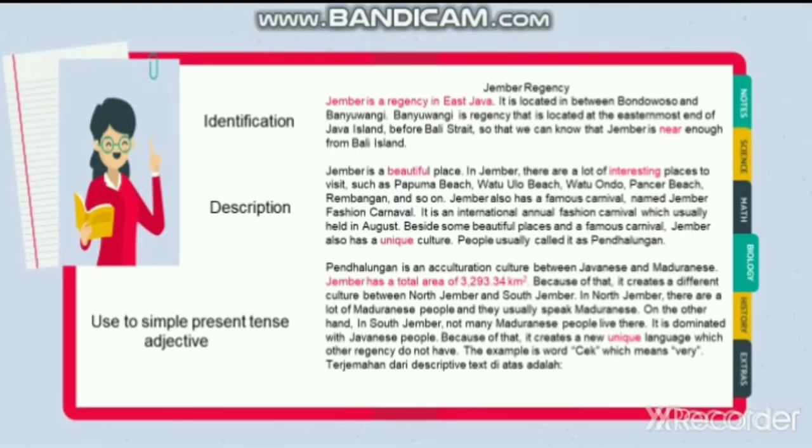Okay, for now, we can go on to analyze the descriptive text. I want to explain that descriptive text provides information about the object being described, namely gender, regency.